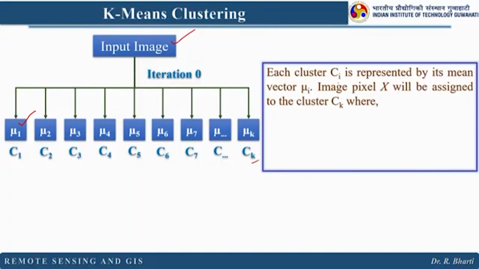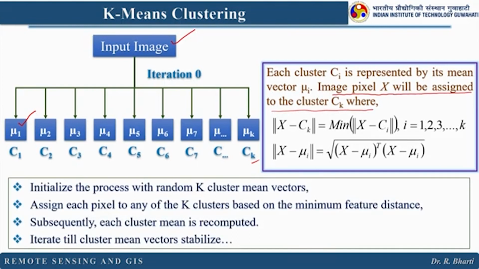Each cluster Ci is represented by its mean vector, and an image pixel x will be assigned to the cluster Ck where this condition is satisfied. Again, it initializes the process with random k cluster means, assigns each pixel to one of the k clusters based on the minimum feature distance, and then each cluster mean is recomputed.